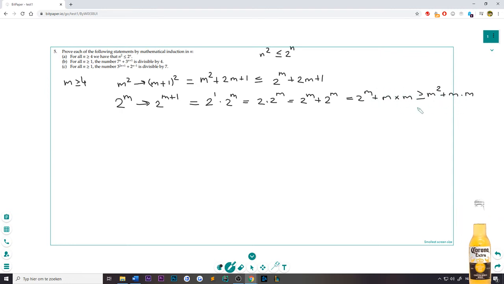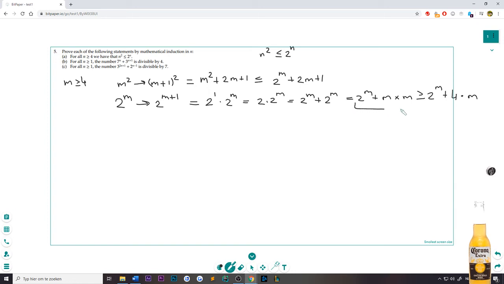But then also we assumed m is bigger than or equal to 4, right? This still holds, right? Because m is bigger than or equal to 4. So 4 is the lowest number that we can have here for m. So these m's are also both going to be 4 or higher, right? So then this statement still holds like this.